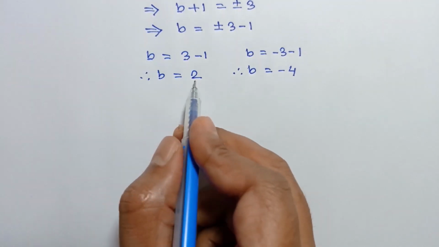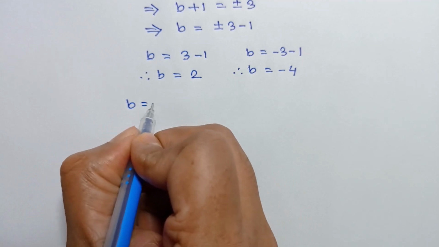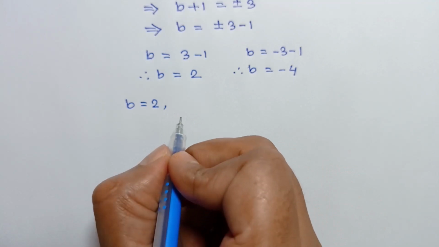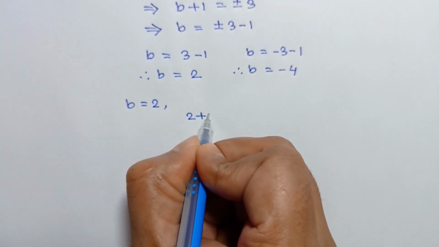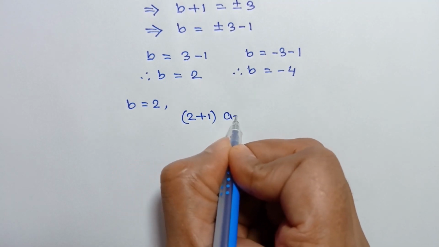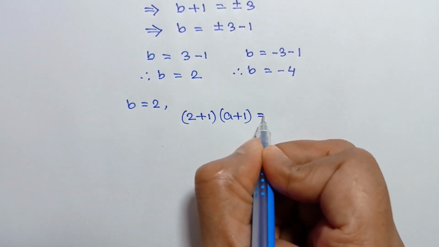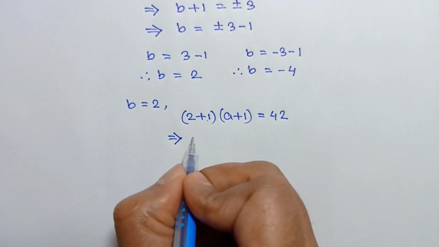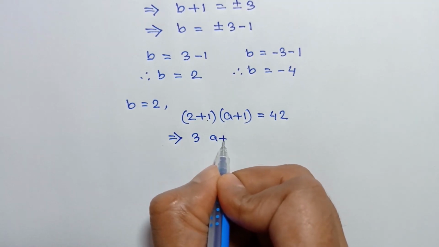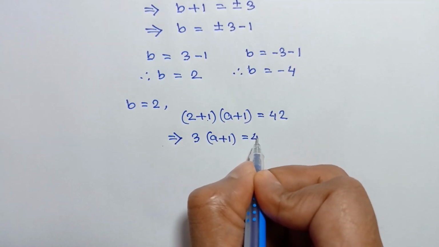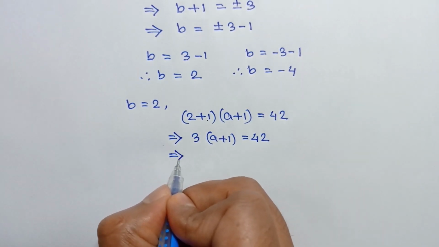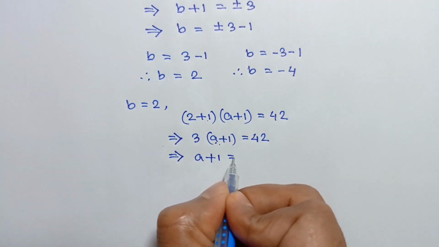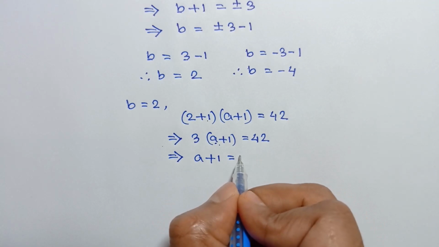So when b = 2, from equation 4 we can write (2 + 1)(a + 1) = 42, or 2 + 1 is 3 times (a + 1) = 42. Dividing both sides by 3, we can write a + 1 = 42 divided by 3 is 14.